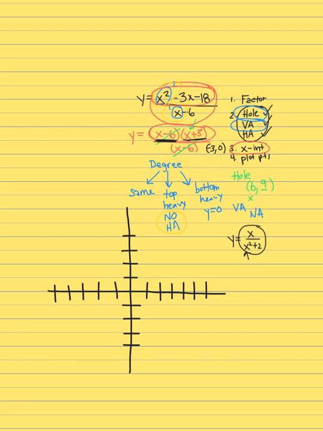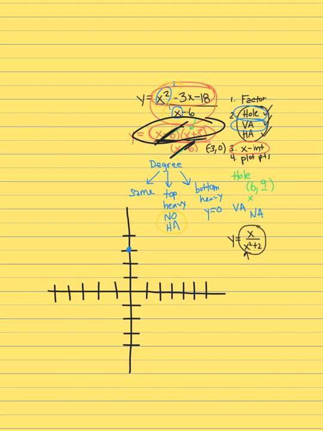My vertical asymptote, there was not one. My horizontal asymptote, there is not one. So there's nothing I can draw as far as the asymptotes. What I'm going to do is graph the remaining factor, which is x plus 3.